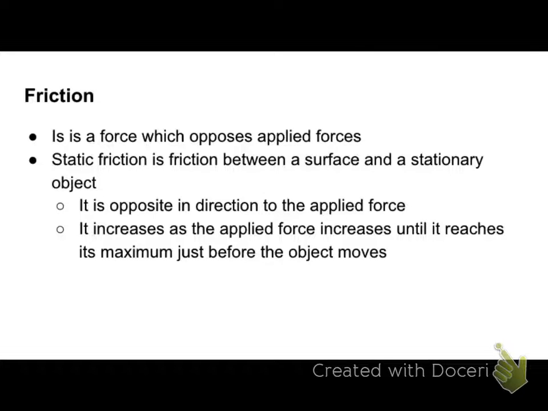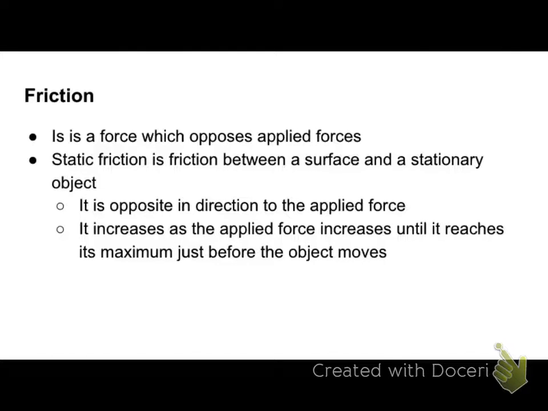As you're pushing on it, you're going to increase and increase the force with which you're pushing, and static friction is going to increase and increase the force with which it's pushing back, until you generate enough force to overcome the force of static friction, and at that point the object will begin to move.